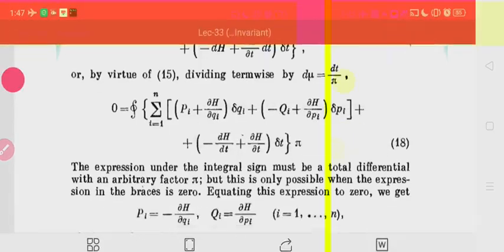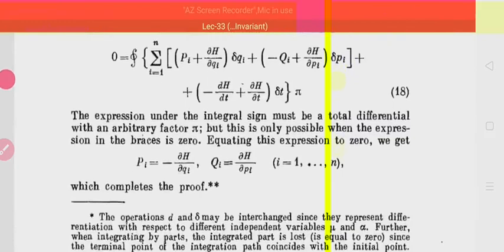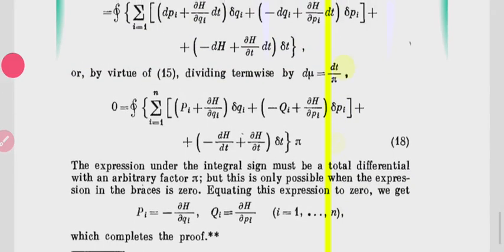Okay, but when I introduce the auxiliary variable μ, I took that π as an arbitrary function. When π is arbitrary, this integral is equal to 0, so that bracket term should be 0.